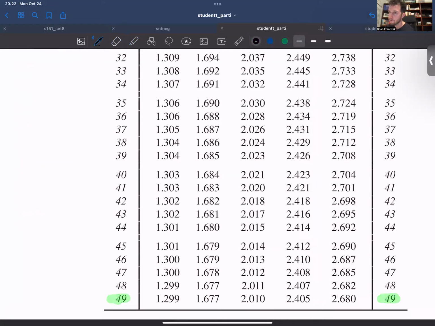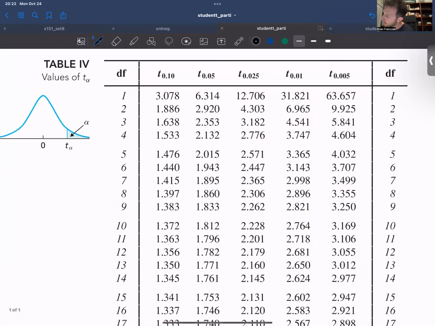We're looking for where 5.52 fits in on this degree of freedom line, and it is bigger than 2.680. So 5.52 is bigger than any of the values listed on this line. That means the area of the p-value must be less than 0.005, because as the numbers get bigger as you move across, the areas get smaller.